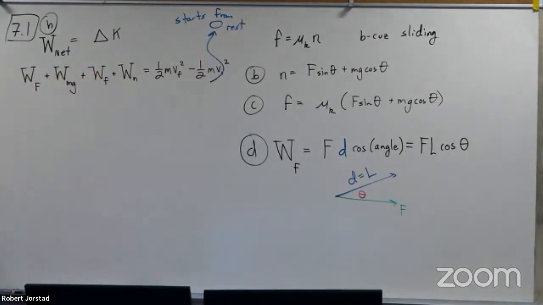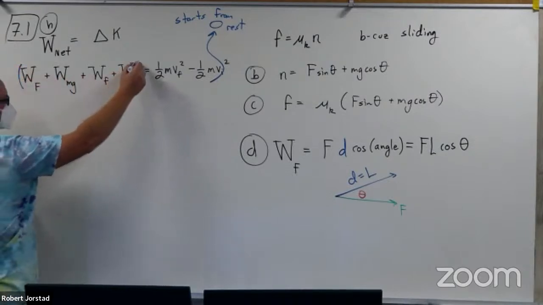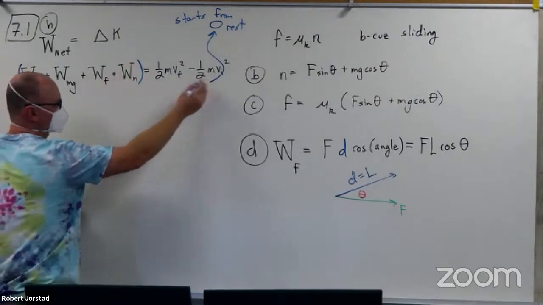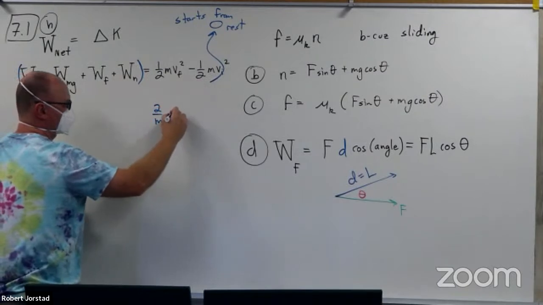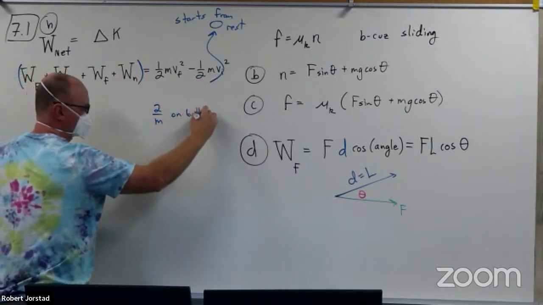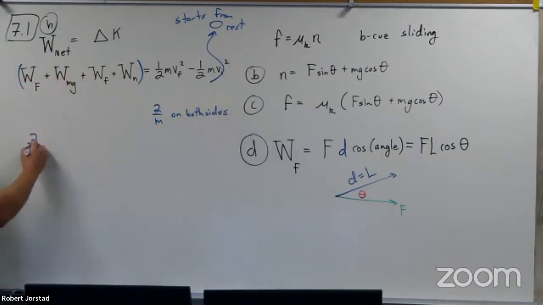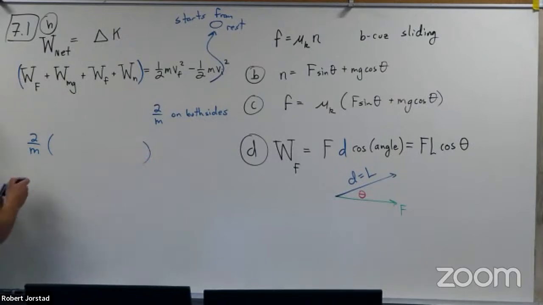What are we trying to find here? Final speed of the block. Final speed. Now check this out. I'm going to put parentheses around this for just a second so all these look the same. Do you agree this term's gone? I could multiply 2/m by both sides. If I do that, I get 2/m times all these work terms.